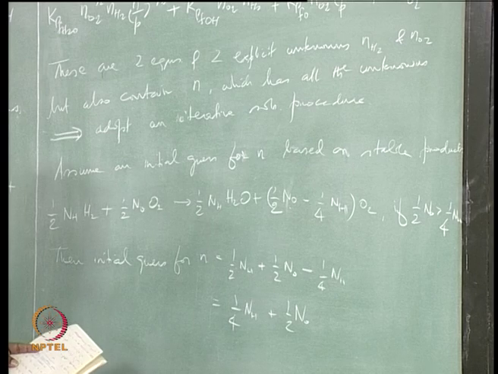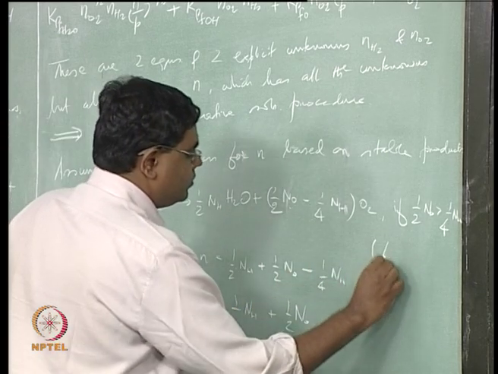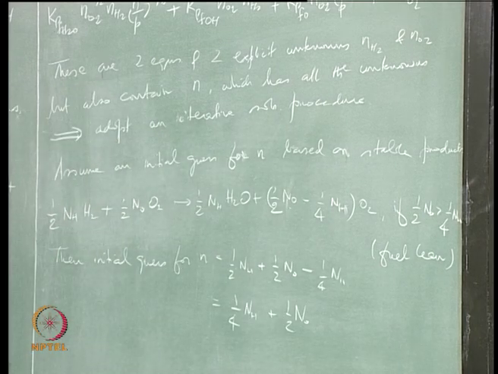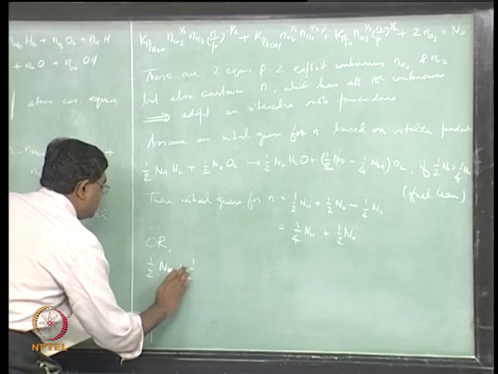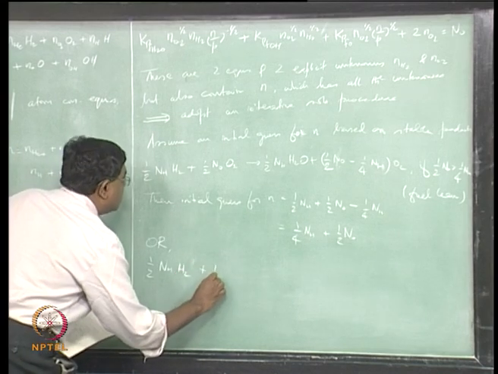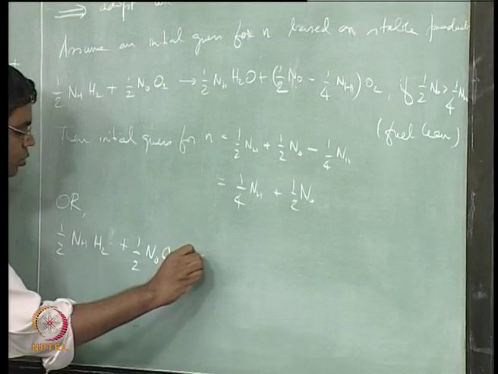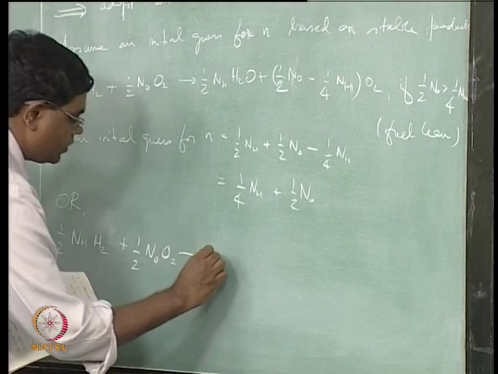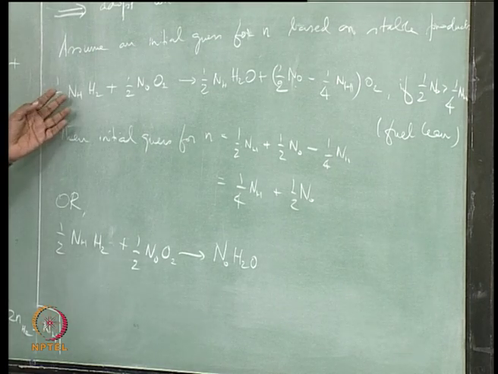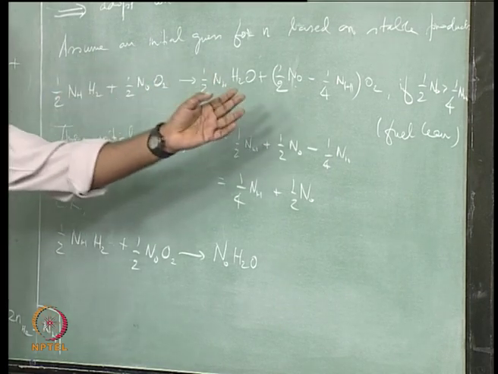This is a fuel lean situation. Or, half NH H2 plus half NO O2 gives NO amount of H2O. This is actually doing an algebraic balancing, okay.